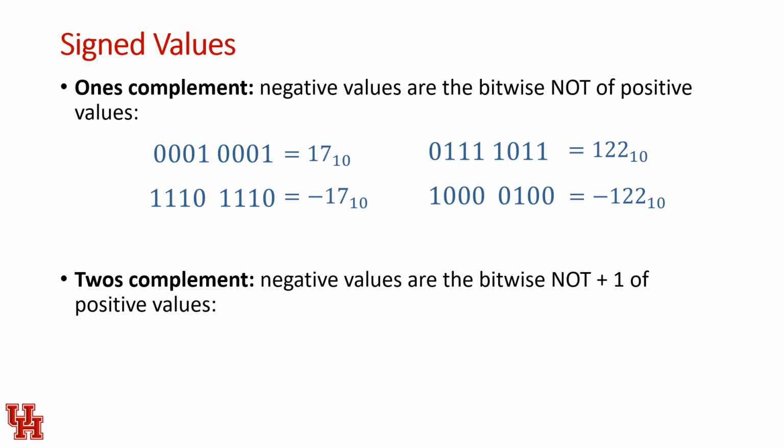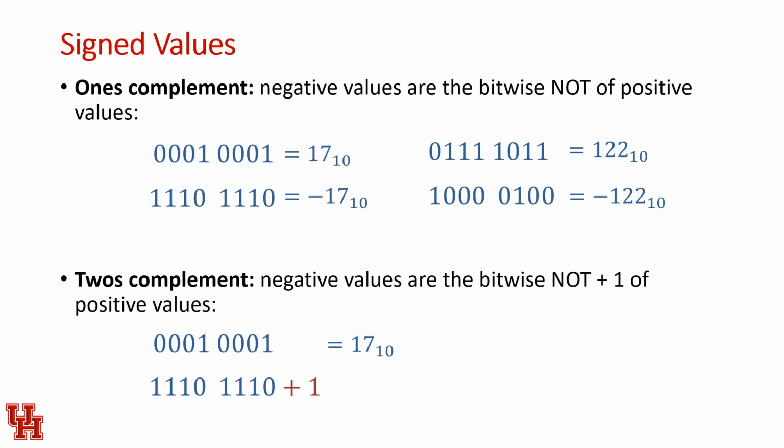With 2's complement, which is the more common representation, the corresponding negative values for a number are calculated by taking the bitwise NOT operation, just like 1's complement, but also adding 1. Again, the positive value has the same binary representation as 1's complement and sign and magnitude. To get the negative number with 2's complement, we apply a bitwise NOT and add 1.